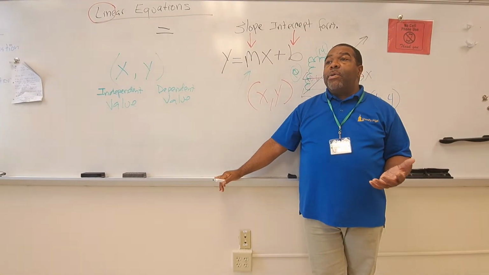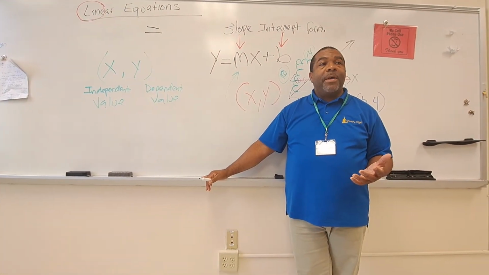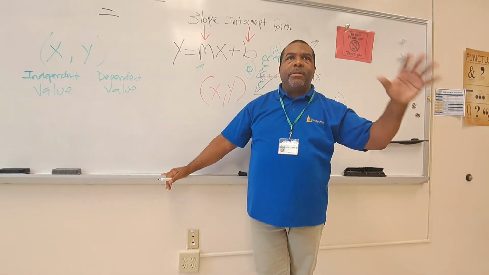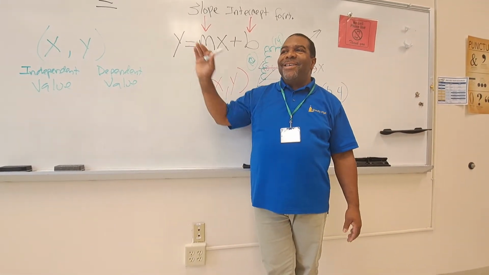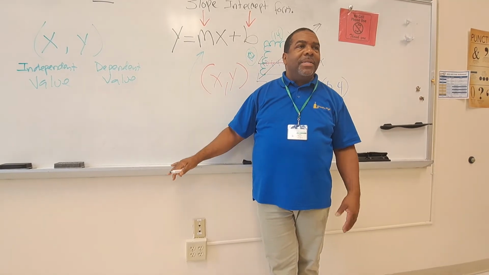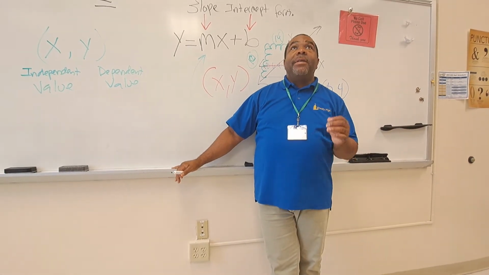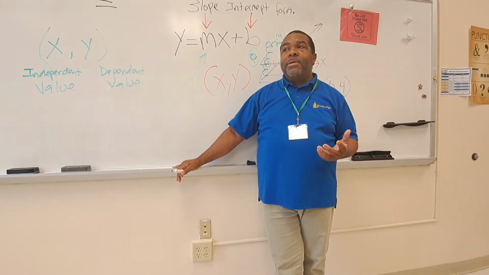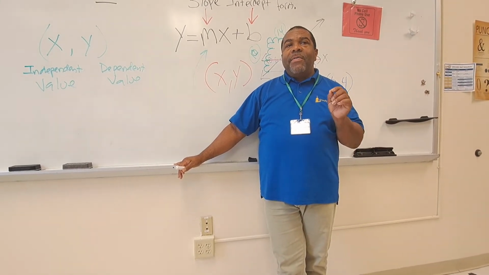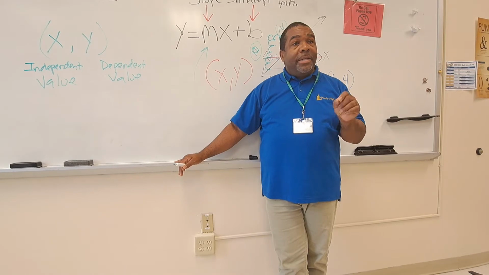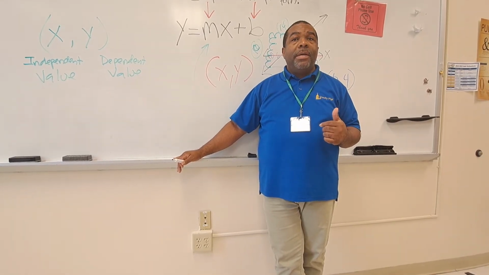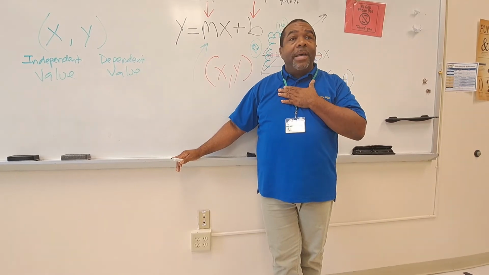All right, so let's look at it this way. My kids and I are going on a trip. This is 10 years ago, because my kids don't even want to hang out with me now. My daughter moved to Chicago, my son is working. So let's say 10 years ago, we went on a family trip. They were depending on me to make a decision on where to go. I independently made a decision.